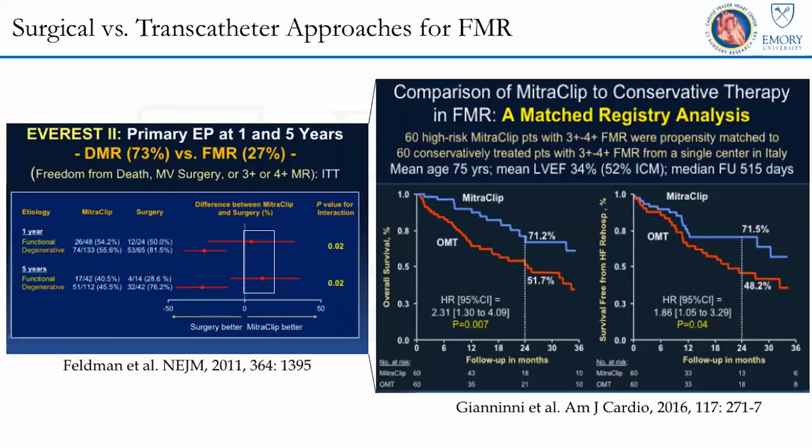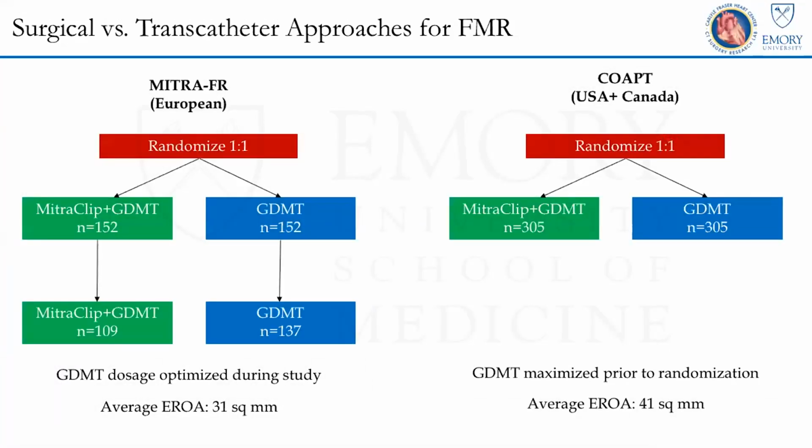So based on this early evidence, the two recent trials, which were recently reported but recruited over the last several years, were designed and reported. The first one is the MITRA-FR trial, which was performed in Europe. And the second is the COAPT trial, which was performed in the United States and Canada. Simply, patients with moderate to severe FMR were recruited to these trials and randomized to receive either MitraClip with guideline-directed medical therapy or guideline-directed medical therapy alone.